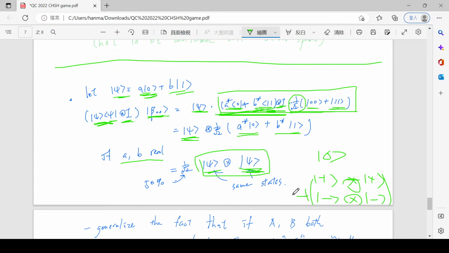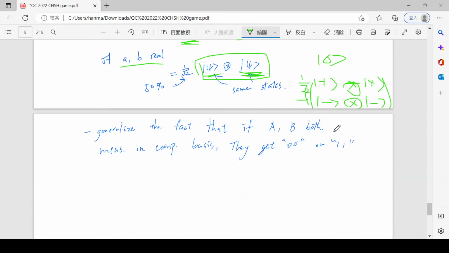Well, plus you also need 1 over square root 2. So, okay. So this beta 0, 0 is kind of basis independent. You can look at all the real bases, and it will look like 0, 0 plus 1, 1. Okay.